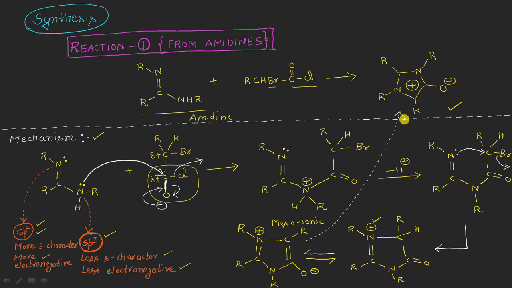So this is the first synthetic method that starts from the amidine type of molecules, and upon reaction with alpha bromo acyl chlorides, and by going through this type of mechanism, it results in the formation of the desired 1,3-diazolium-4-olate type A mesoionic molecule.